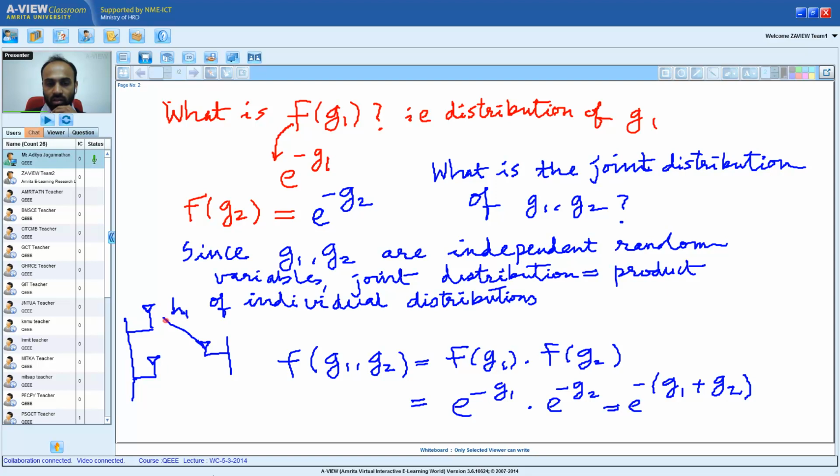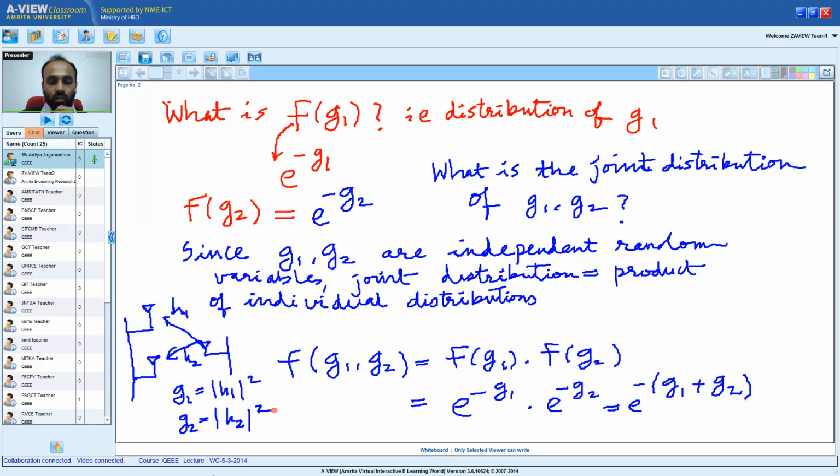H1 is the coefficient corresponding to this and H2 is this coefficient. G1 equals magnitude H1 square, G2 equals magnitude H2 square.